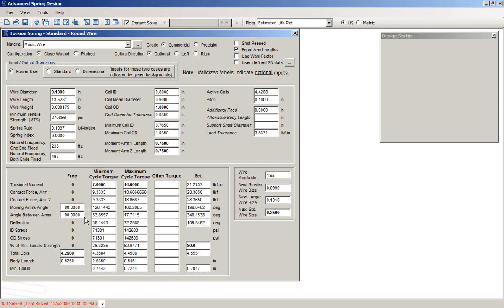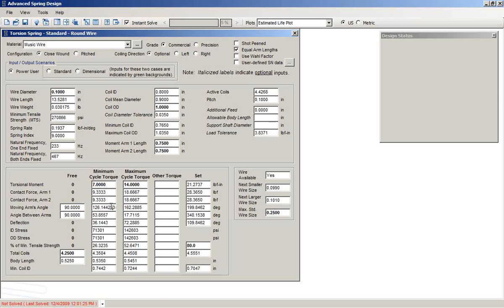Moving arms angle and angle between arms are two different ways of explaining how the arms on the torsion spring are related. The angle between arms is a new variable that's been added to ASD7. Simply the difference in the direction that the two arms are pointing. That's all.